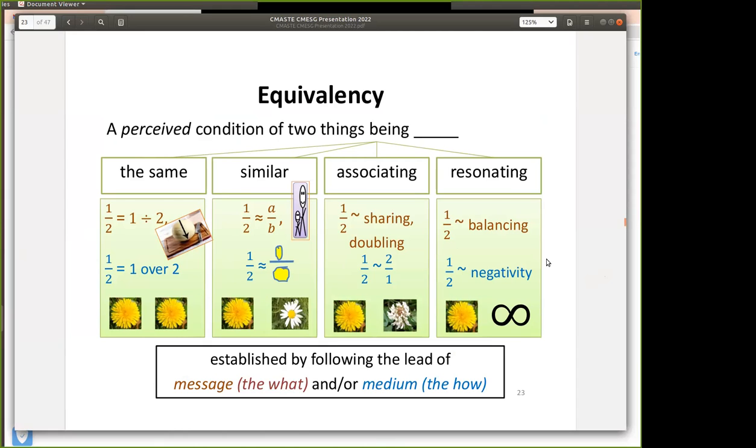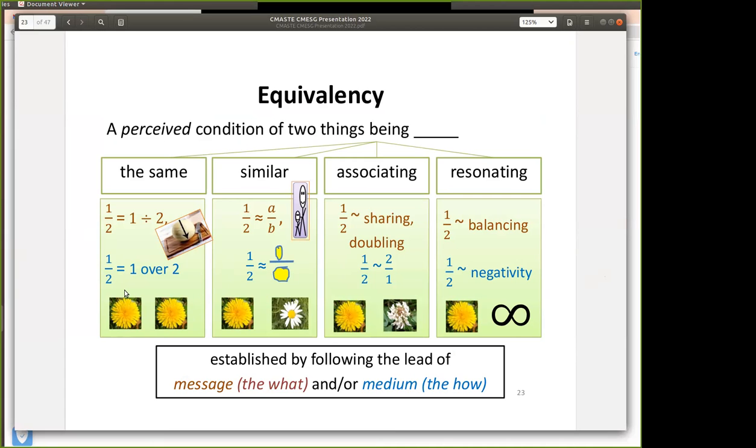The bottom row is established by following the lead of medium. The reason I changed revealing to re-encountering is to de-emphasize the eyes and try to bring our different modes of knowing into consciousness, including the information that you can get from other senses.